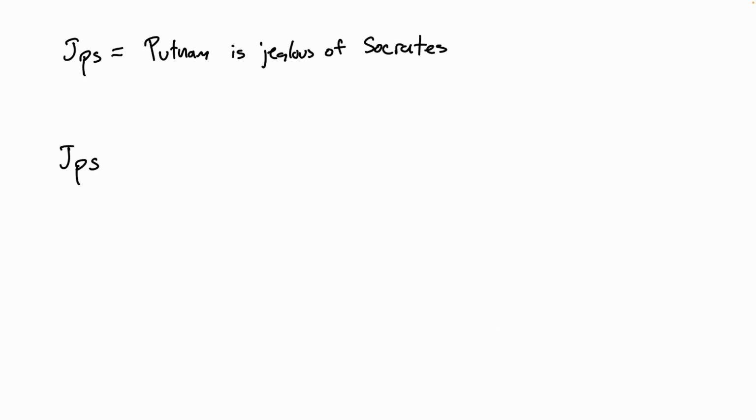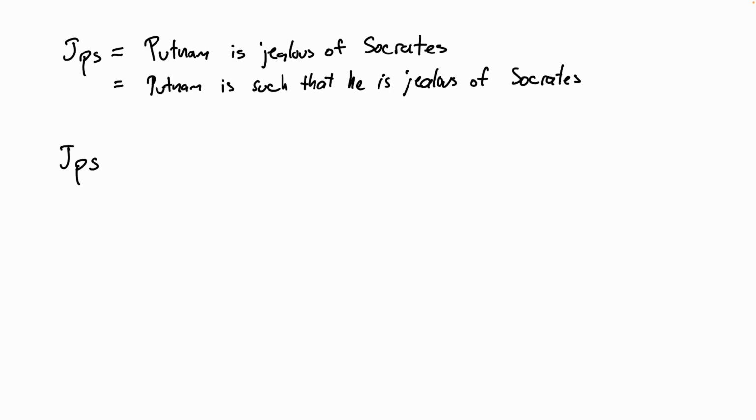Now, let's go back to the formula JPS one last time. Rather than seeing that formula as asserting that Socrates meets a certain condition, we also could have read it as asserting that Putnam meets a certain condition. We could have seen it as saying that Putnam is such that he is jealous of Socrates.